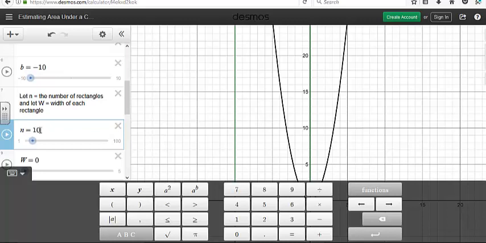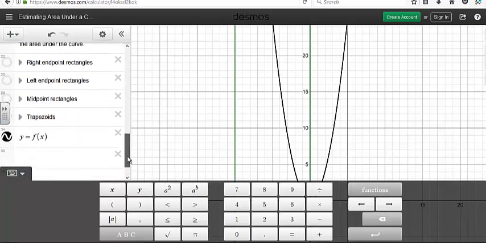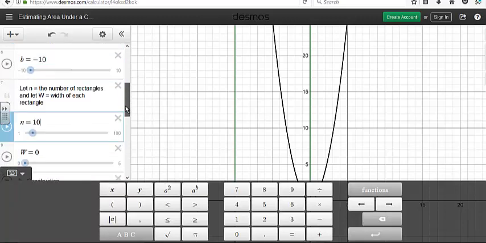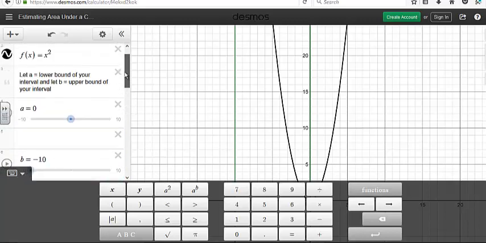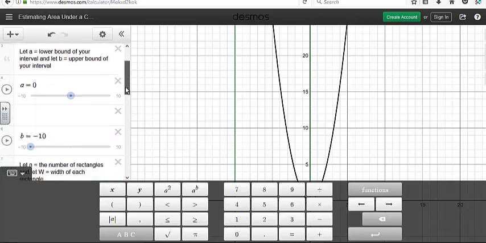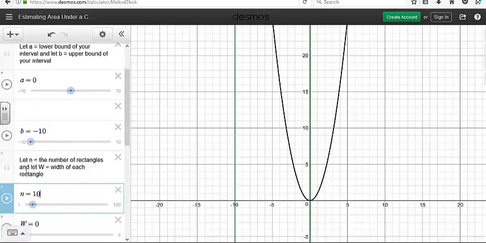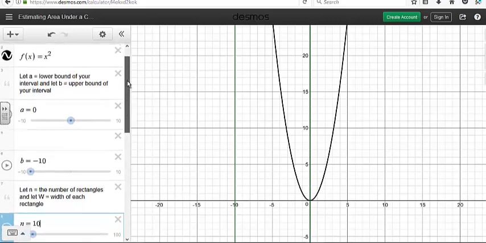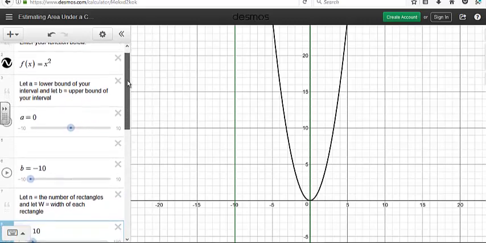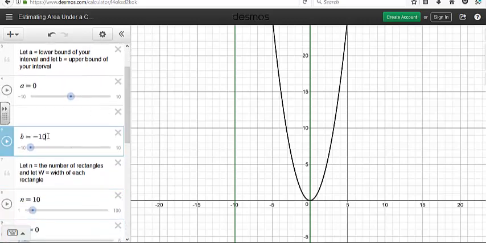Let's say 10 rectangles. How does this thing work here? Okay, I got it. I just got to figure out how it actually does the calculation. How does it do the calculation? Enter the function. Enter your upper and lower bound.